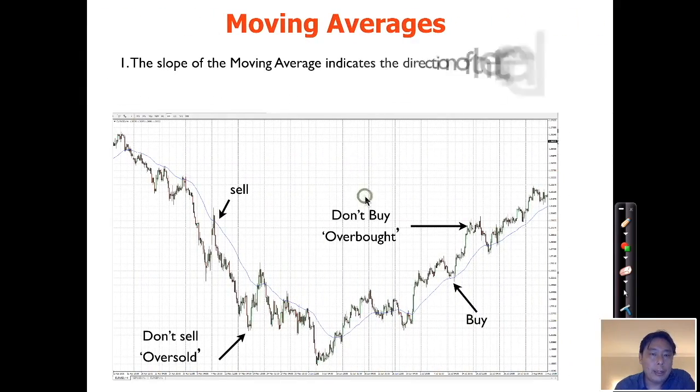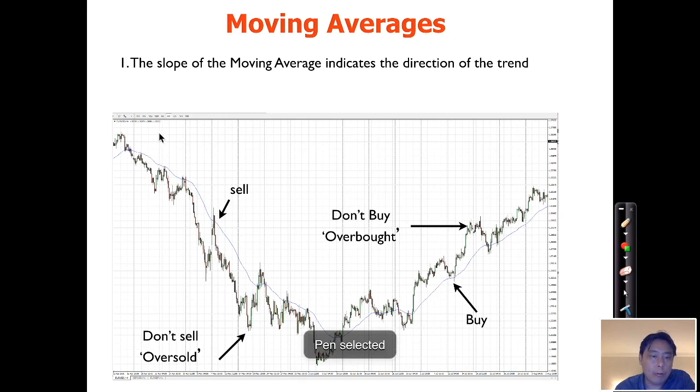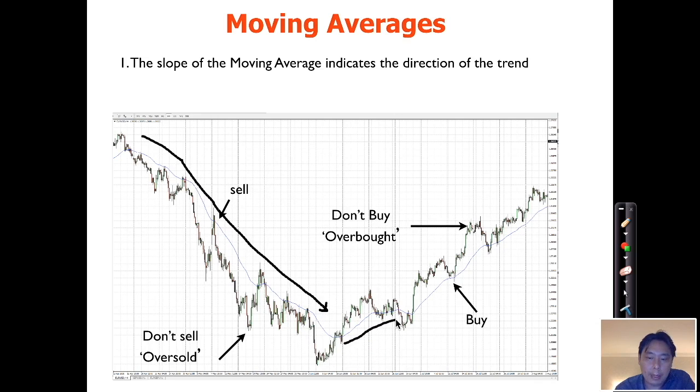So like I mentioned earlier, when you look at a moving average, you always look at the slope. The slope of the moving average indicates the direction of the trend. As you can see, it's sloping down, so that is a downtrend. Okay, it's sloping up, it's an uptrend. Sloping up, uptrend.